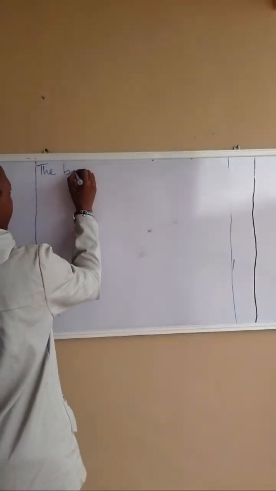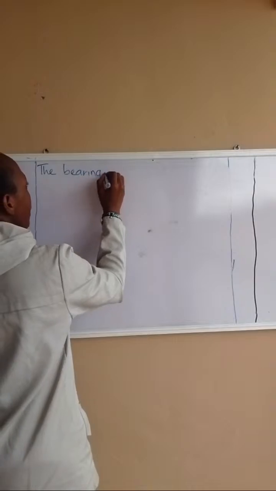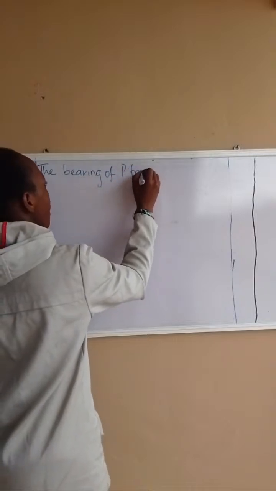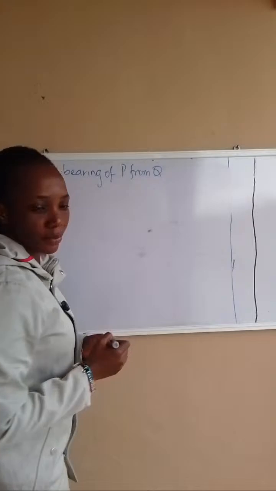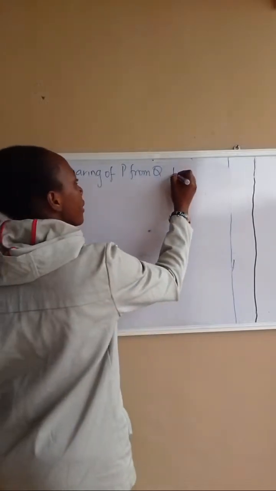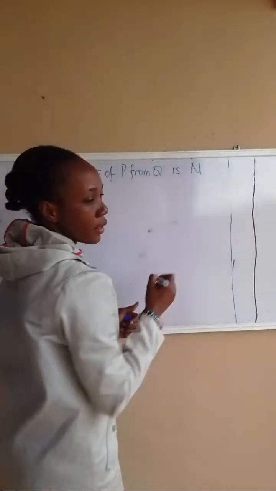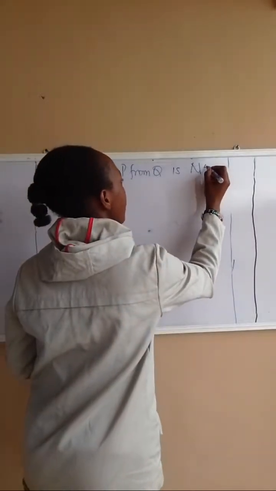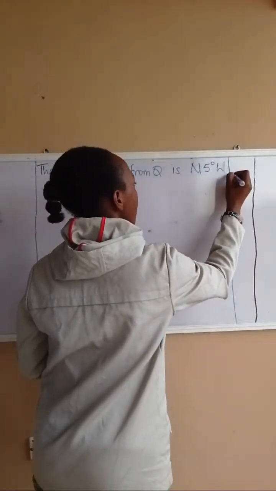So the next question says the bearing of P from Q is 5 degrees west.